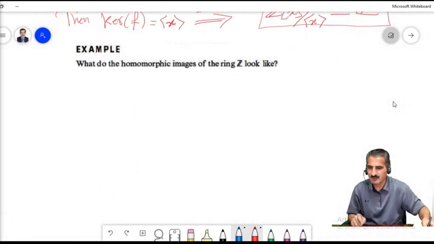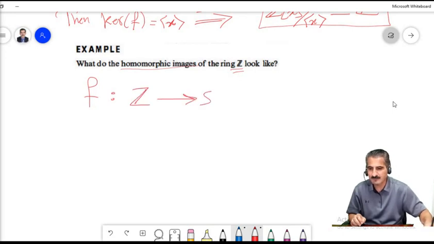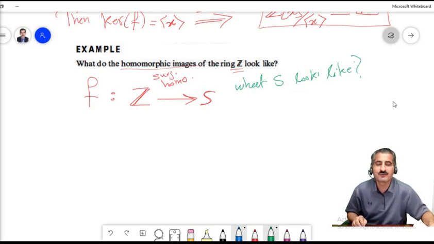Okay, what do the homomorphic images of the ring Z look like? Oh, interesting. So if I have a surjective homomorphism f from Z onto S, the question here is what S looks like. What could S be? These are the homomorphic images of Z, right?